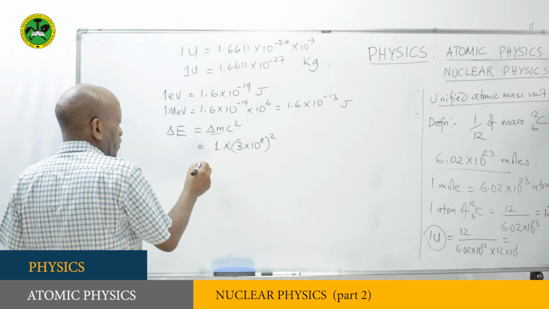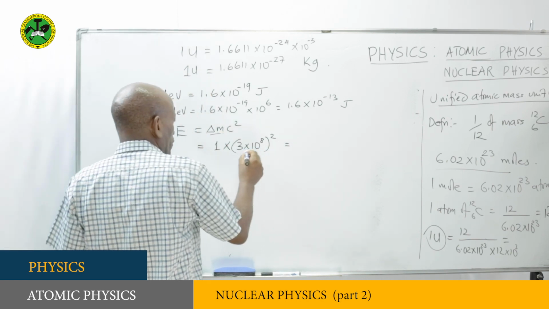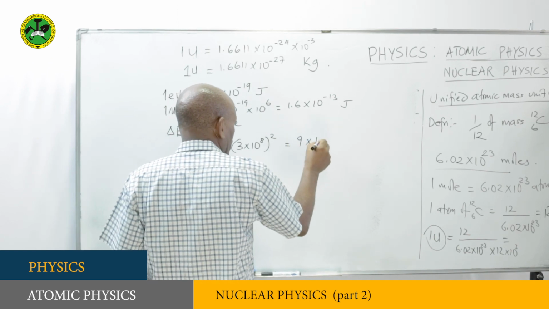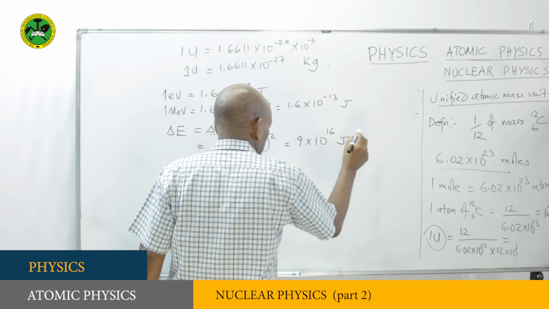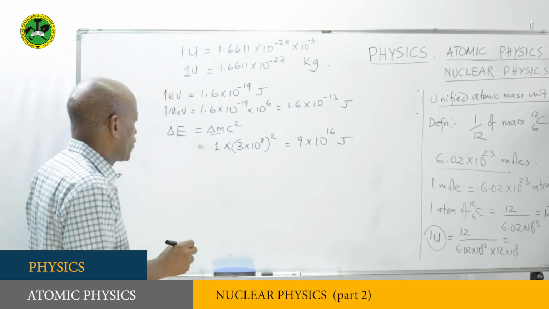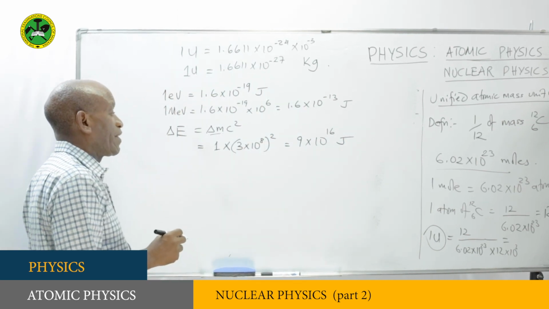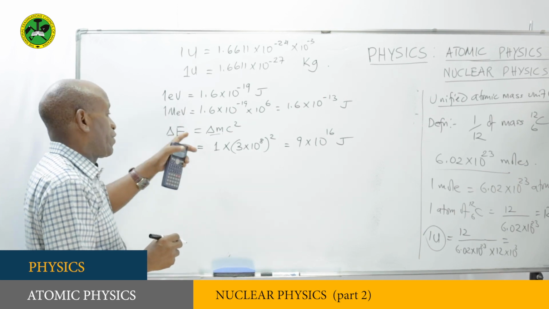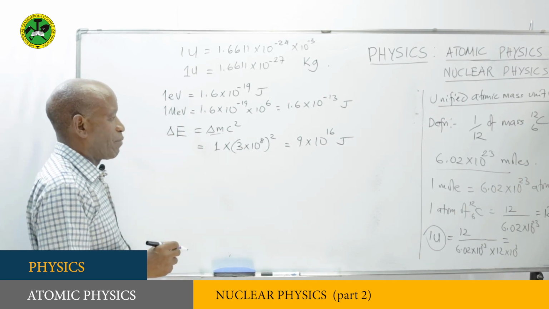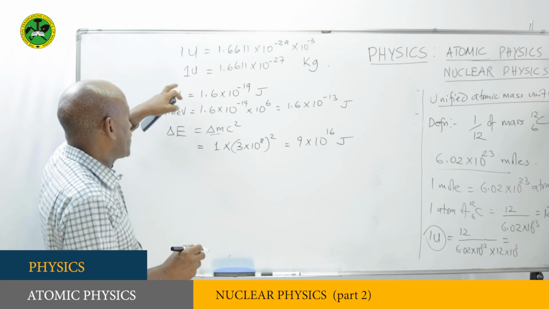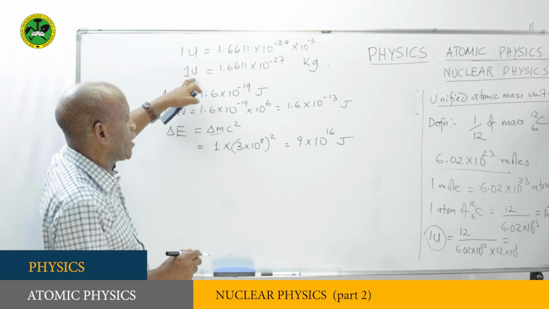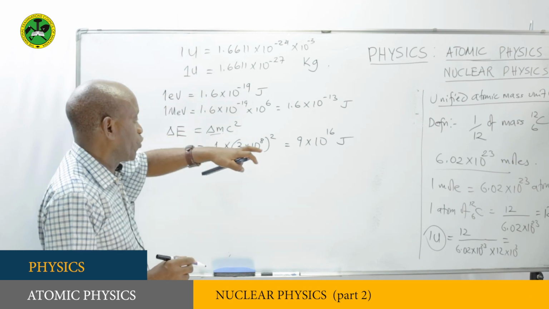So this will be equal to 9 times 10 power 16. The change in energy is 9 times 10 power 16 for a change of mass of 1 kilogram.